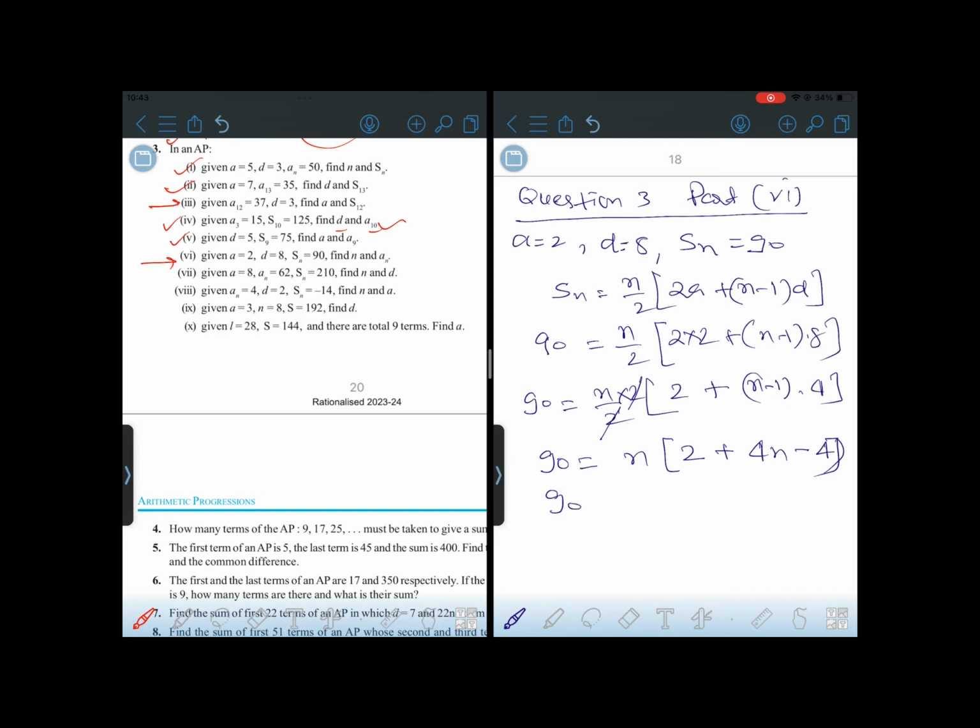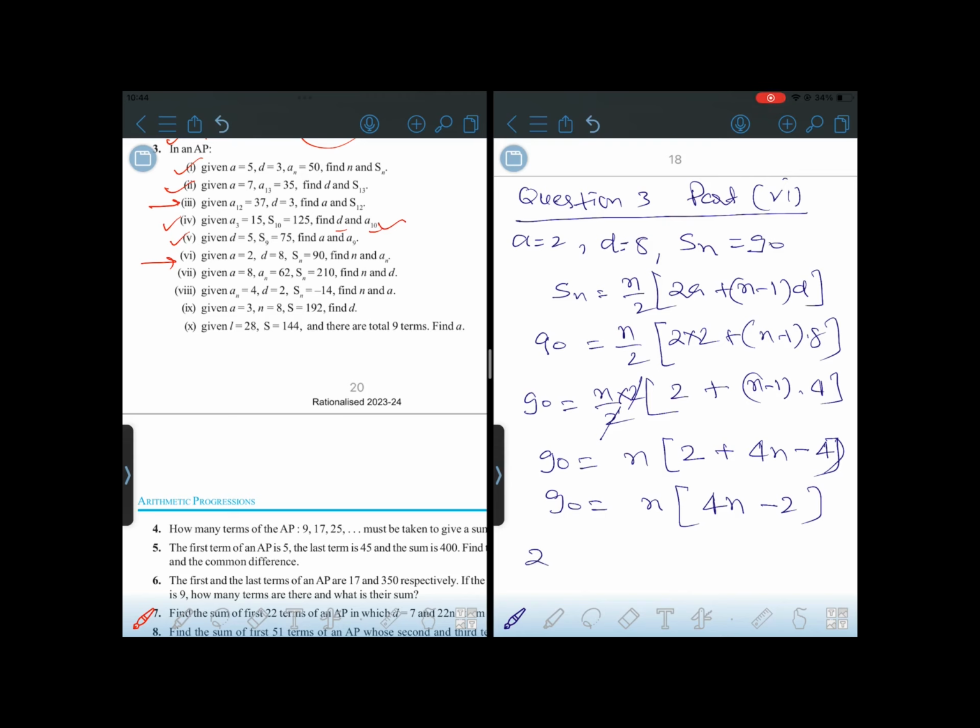So that means 90 is equal to n in bracket 4n minus 2. Then we can take 2 as common from here.